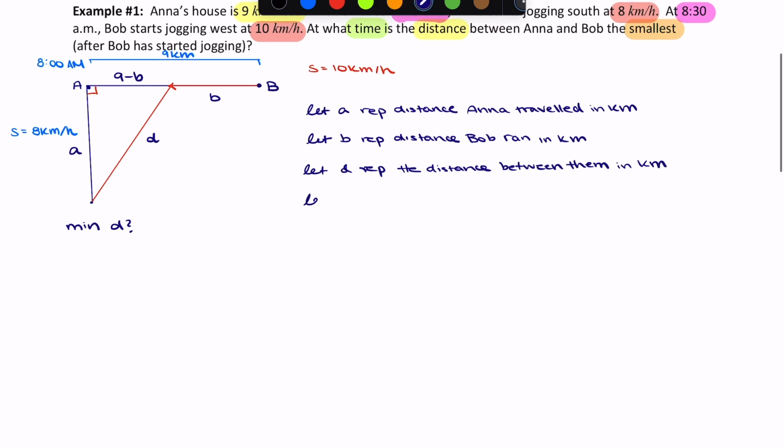And here we'll let T, so this is different, represent the time since 8 a.m., and this will be in hours.